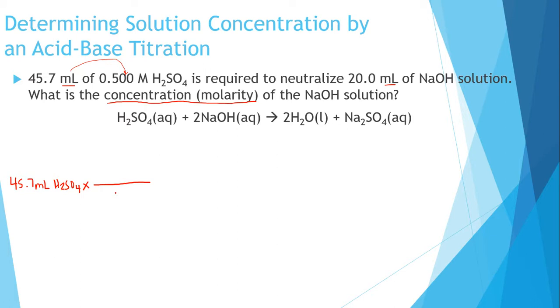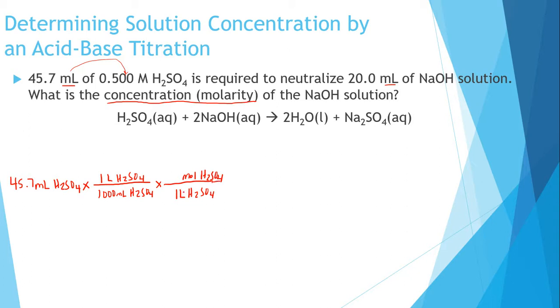So milliliters on the bottom. Remember, there are 1,000 milliliters in 1 liter. Once you get to this point, we can go from liters to moles. So 1 liter can go to the mole value.